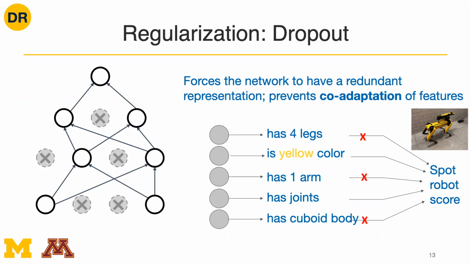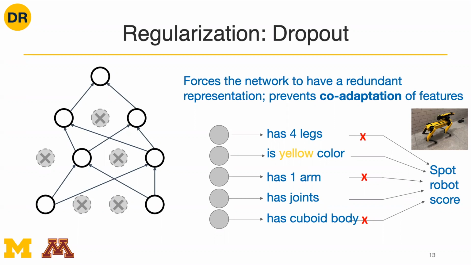So for instance, here, let's say you have 5 neurons that talk about the classification of whether it's a Spot robot or not. Let's say each of them is capturing a different representation. Say one is capturing the fact that the robot has 4 legs, the color is yellow, it has 1 arm, joints, and the body is cuboid.